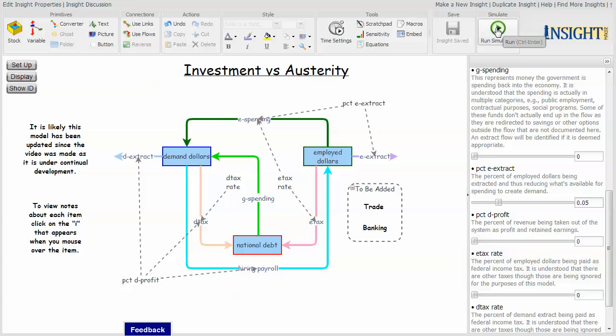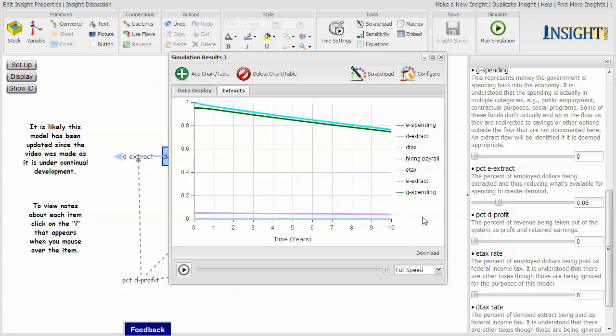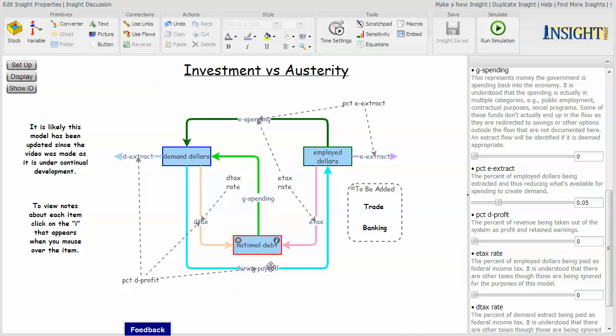If I implement that and then look at the impact, notice that both the employed dollars and the demand dollars begin a decline, because the extract, which is over here, is 5% of 1, which is 0.05, and it's being extracted out of the system so that it causes the economy to in fact decline over time, because the flow is no longer conserved. Every cycle, 5% of the money that's in the cycle is extracted.